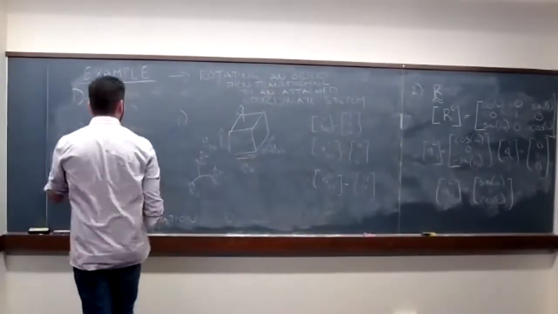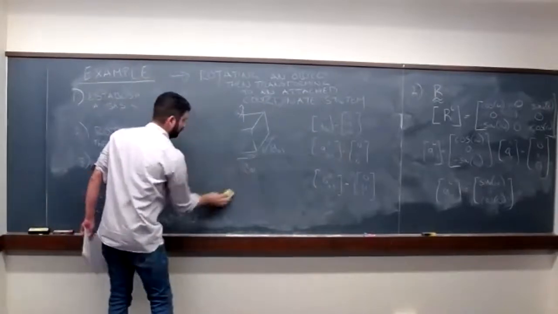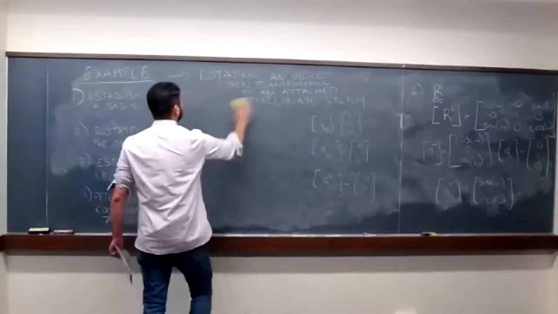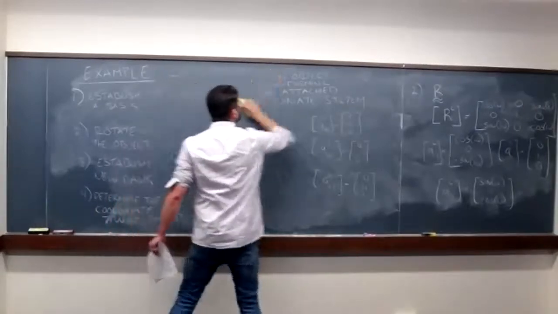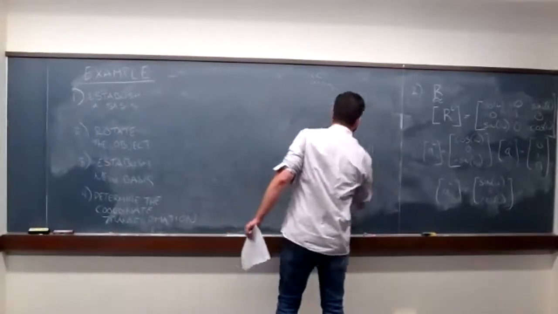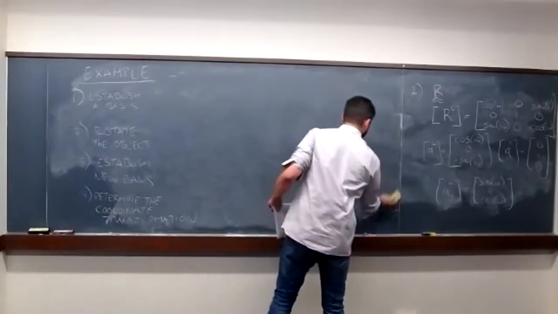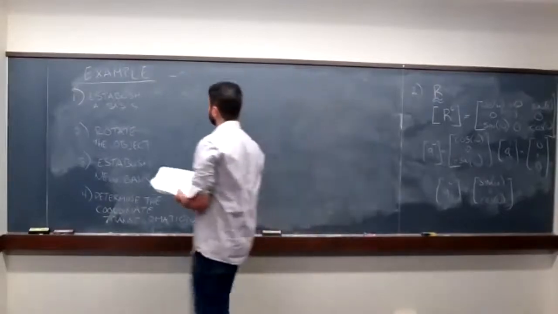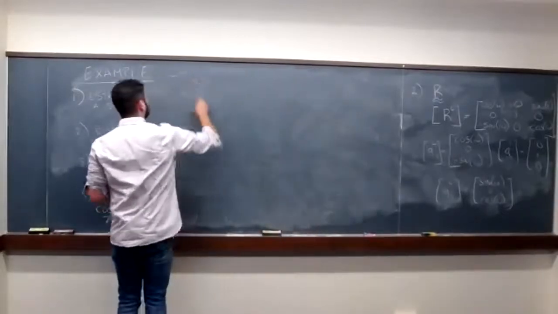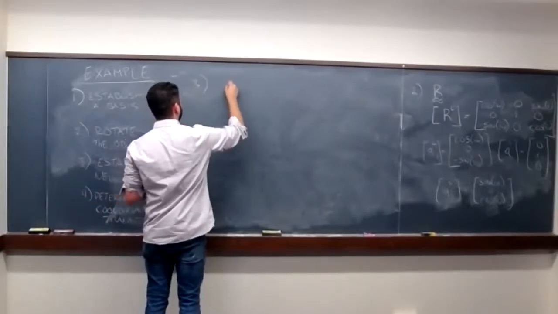And now, step 3, I'm going to establish a new basis. This is trivial, but I'm going to be careful. So I'm going to establish a new coordinate system, which is the sample frame.